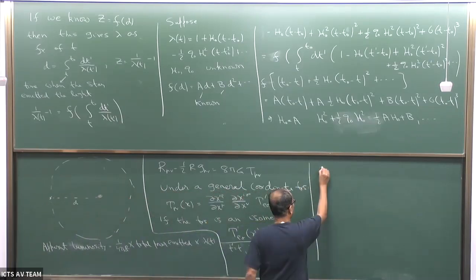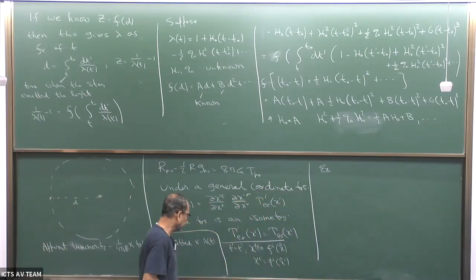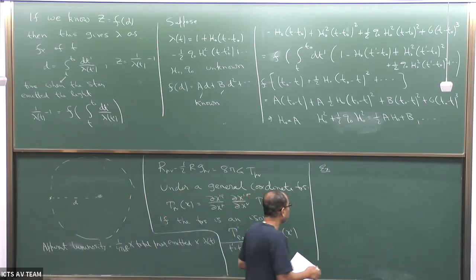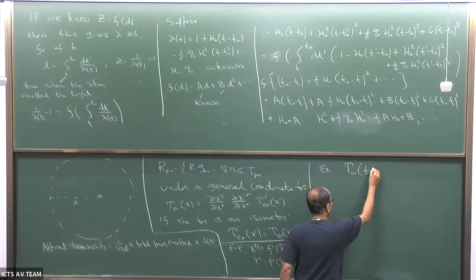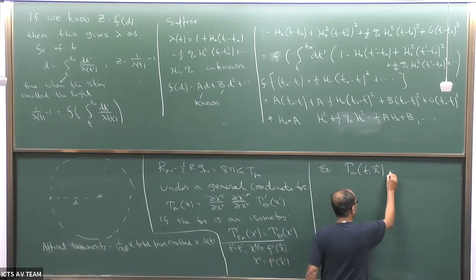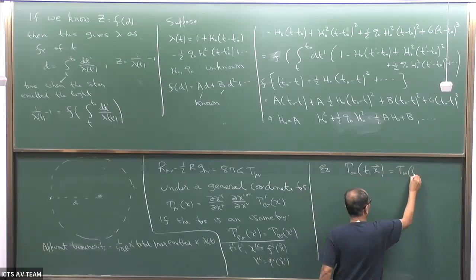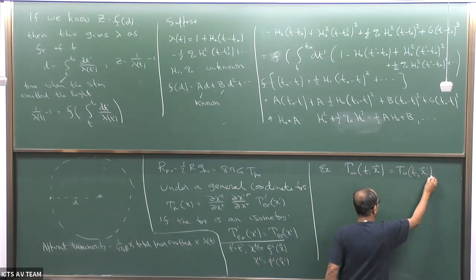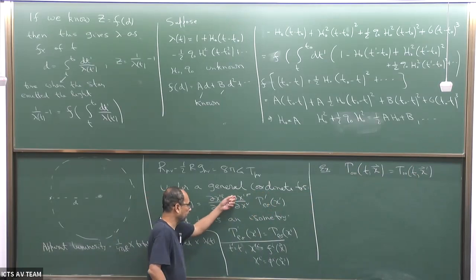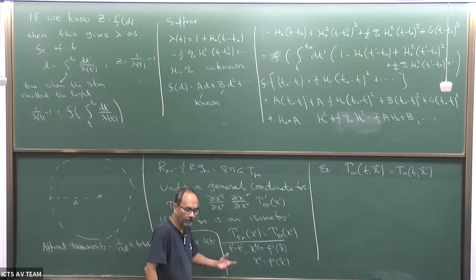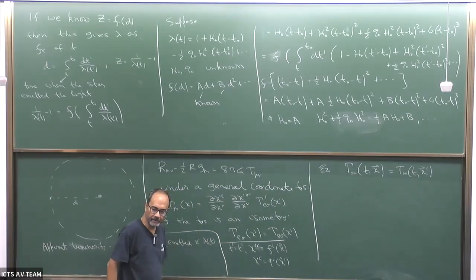Now you can substitute, and I'll write down the result. This is an easy exercise to check when you just demand that T prime is the same as T. The TT component tells us that T00 of T x is equal to T00 of T x prime. Basically these just give you 1, because T is equal to T prime, and there is no dependence of T on any of the x's.